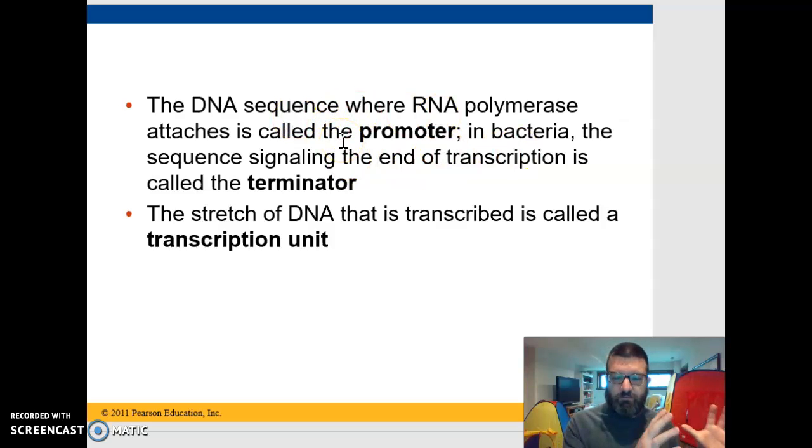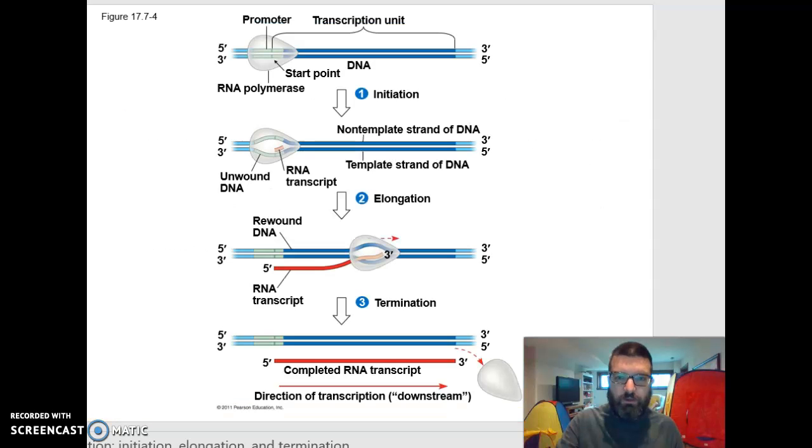You find these right before a gene, and they are stretches of DNA that make it easier for the RNA polymerase to bind to the DNA so that it can transcribe the actual gene. And at the end, you have a transcription terminator, right? You have a stretch of DNA that allows the RNA polymerase to sort of bounce off so that you stop transcribing the gene. And between the promoter and the terminator, you get what's called a transcription unit.